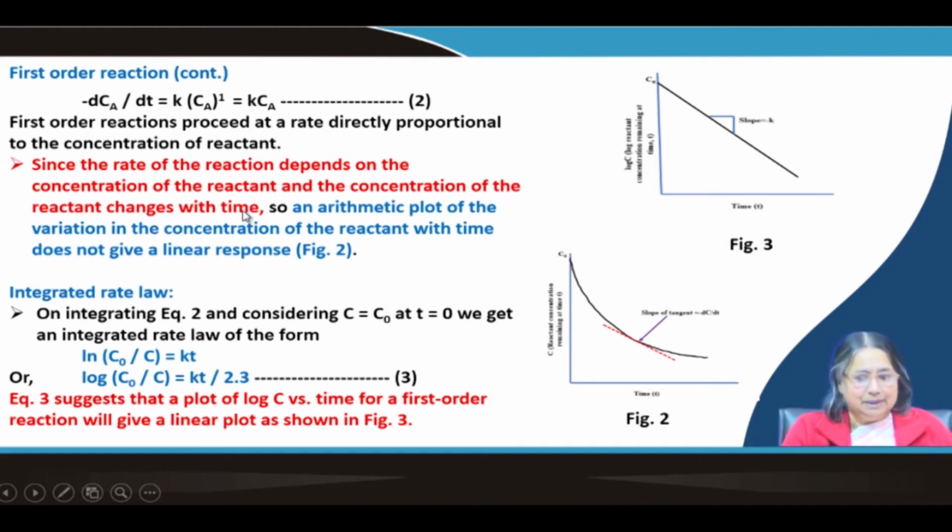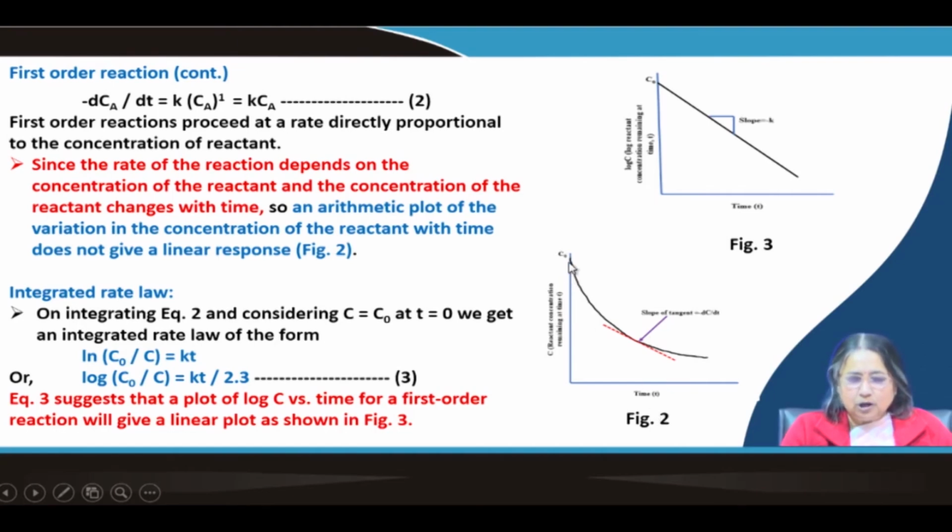This is understandable. So, an arithmetic plot of the variation in the concentration of the reactant with time does not give a linear response. So, figure 2.